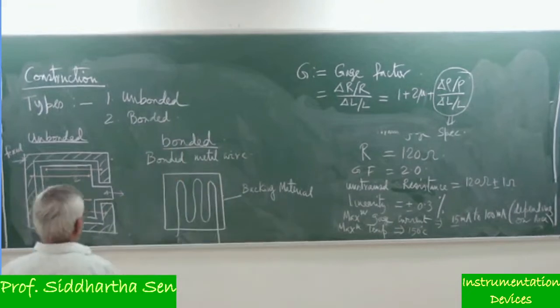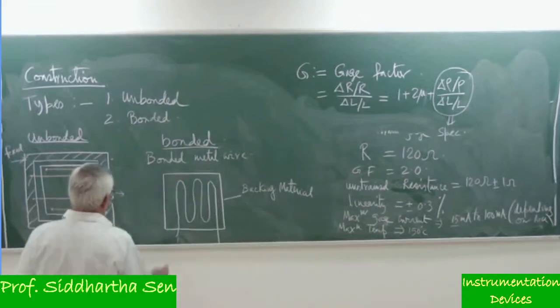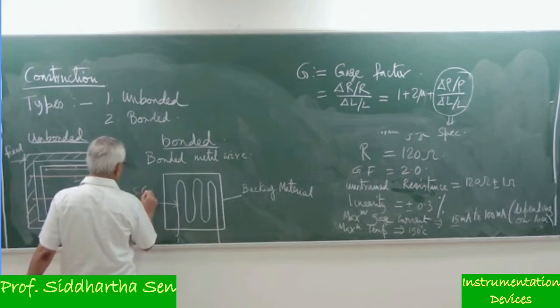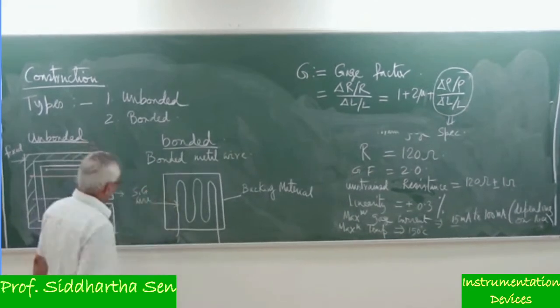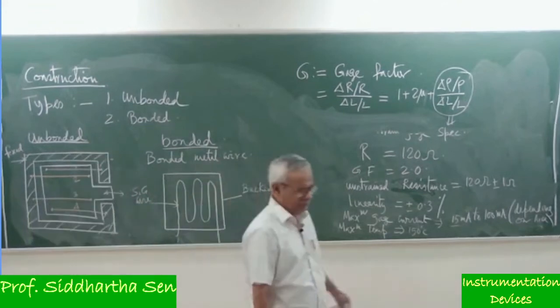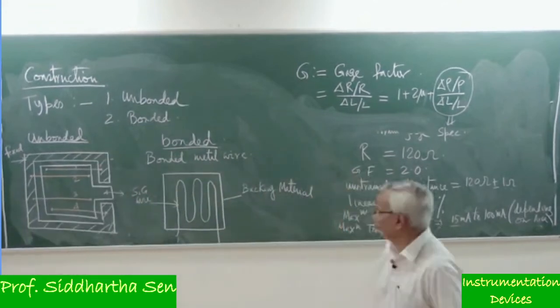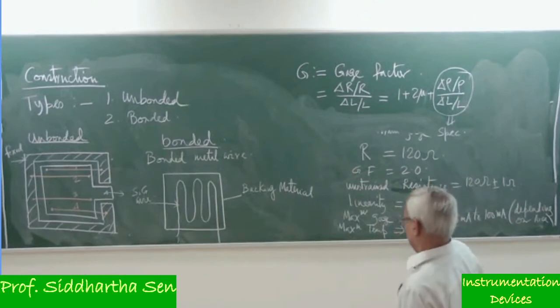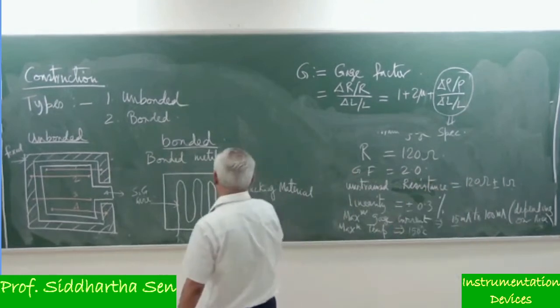Strain gauge wires, very fine and thin wires, are fixed there like this. So this is called the bonded metal wire.